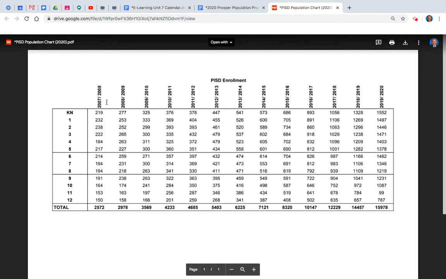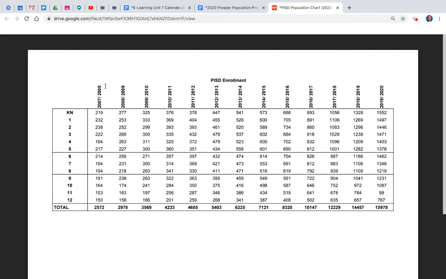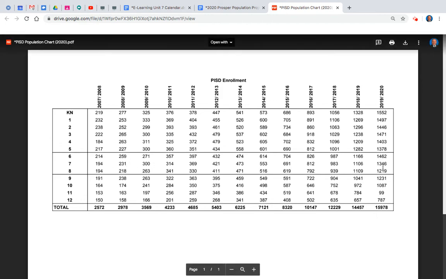Okay, so in the 2007 to 2008 school year, 214, 194, 194, that's how many students we had in middle school. And you can see the middle schools are growing to 2019 to 2020.